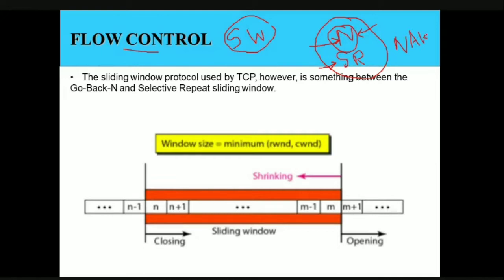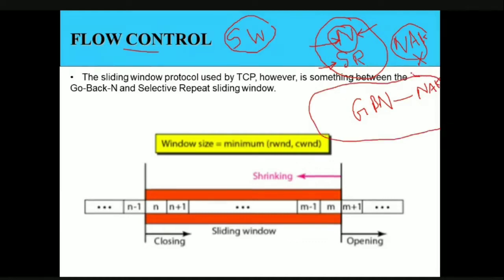The TCP protocol is not going to use any negative acknowledgements, and in Go-Back-N also we do not have any negative acknowledgements. For this reason, we can consider the TCP sliding window as somewhat similar to Go-Back-N protocol. One point you have to remember is that it is not going to use negative acknowledgements.